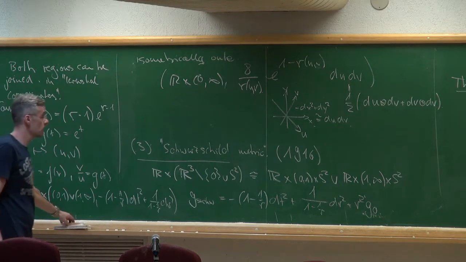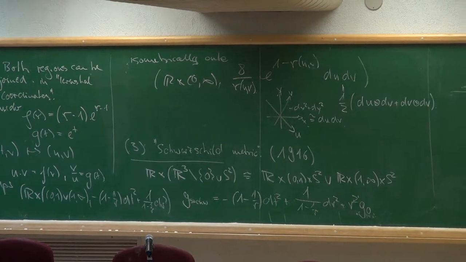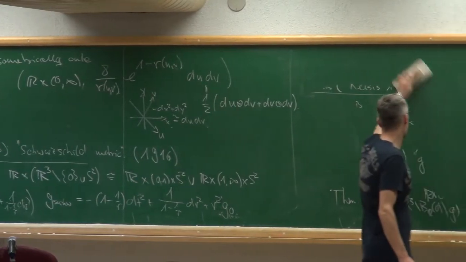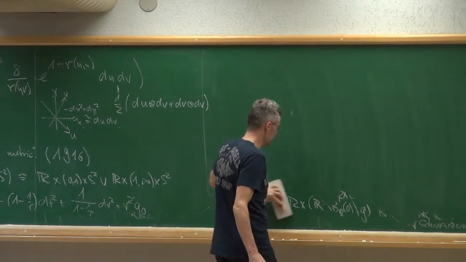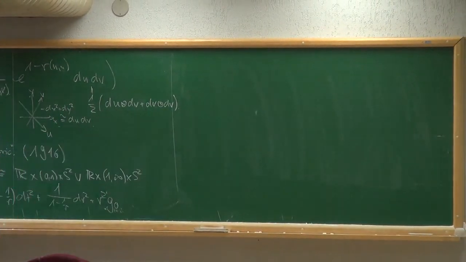And let me write this over here. If you remember that there was an S2 in the picture, then on that part you don't do anything, but you get the Kruskal space-time.